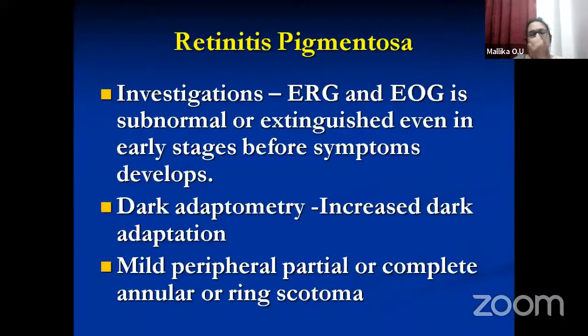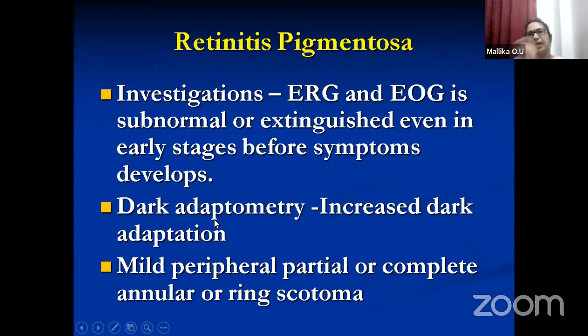So what investigation helps you to diagnose retinitis pigmentosa? In the initial stages, even before the appearance of the classical triad, the electroretinogram and EOG are subnormal or extinguished, even before the symptoms or signs develop. And before developing the typical night blindness, the patient says there is an increase in dark adaptation time.